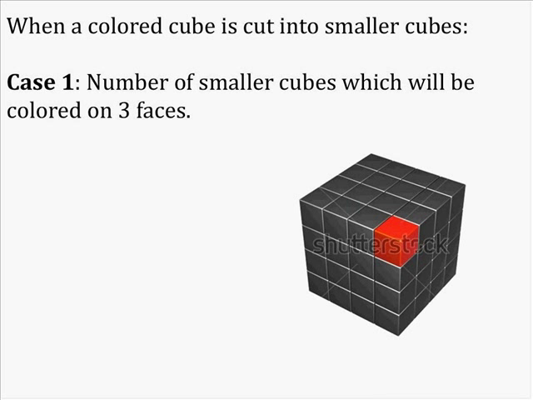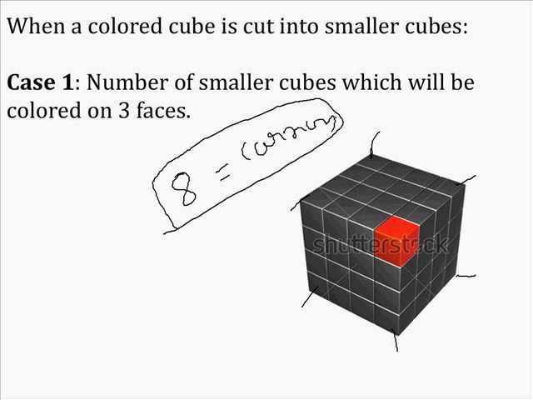When a colored cube is cut into smaller cubes, the number of smaller cubes which will be colored on 3 faces is 8. This corner, that corner, that corner, this corner, bottom corner, bottom corner. So therefore, it will be 8 corners. And this is irrespective of in how many cubes a cube has been cut.